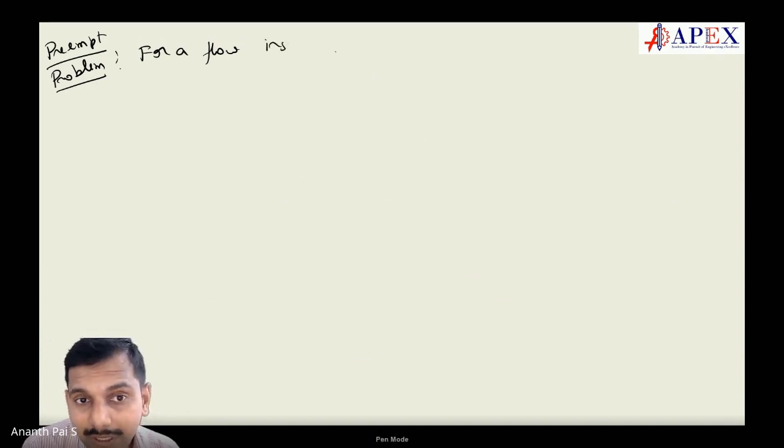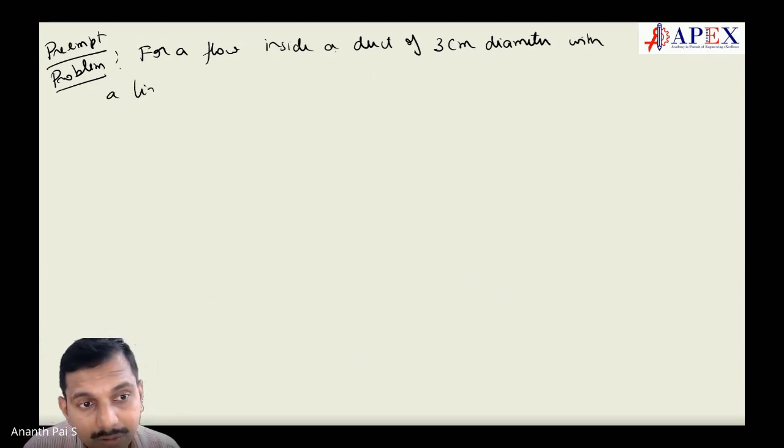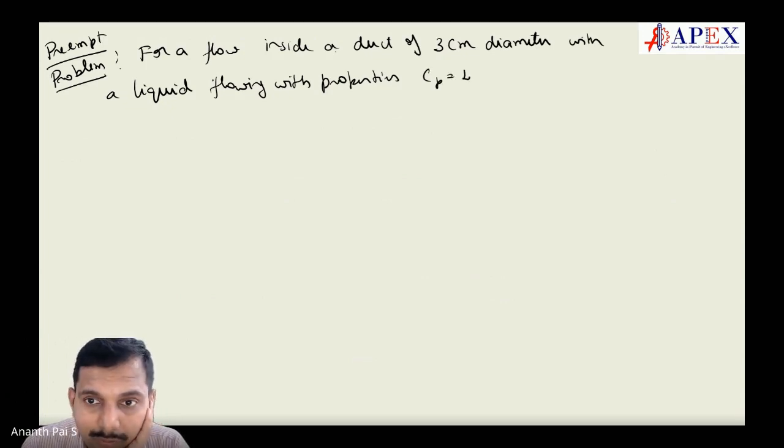Flow inside a duct of 3 centimeter diameter, with a liquid flowing with properties say Cp is equal to 4.18 kilojoules per kg Kelvin.